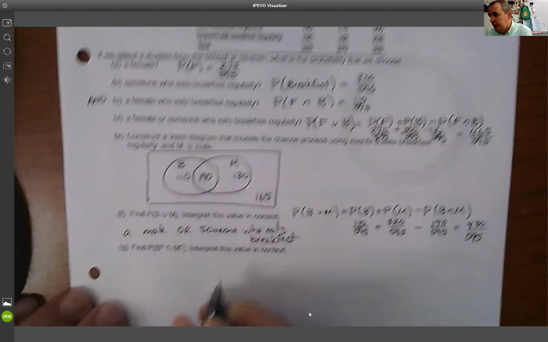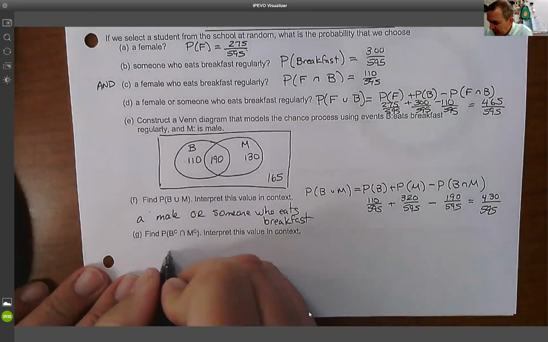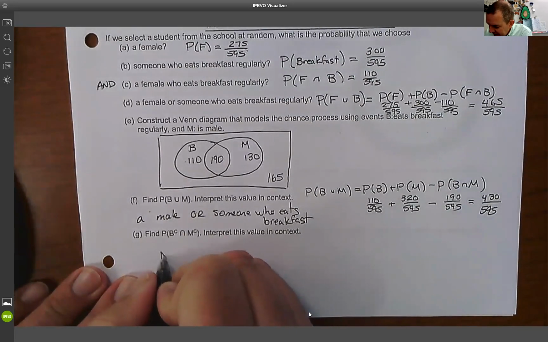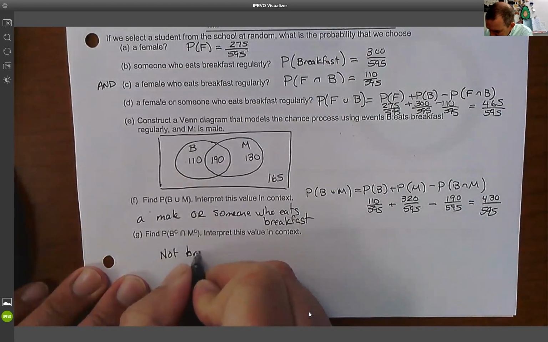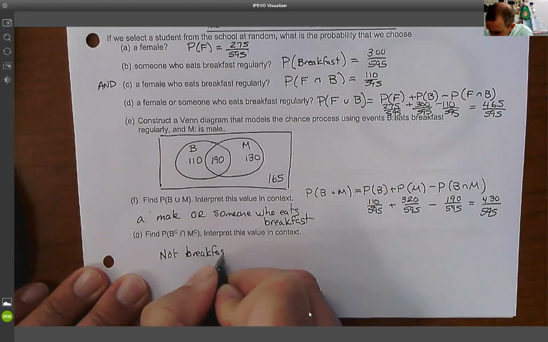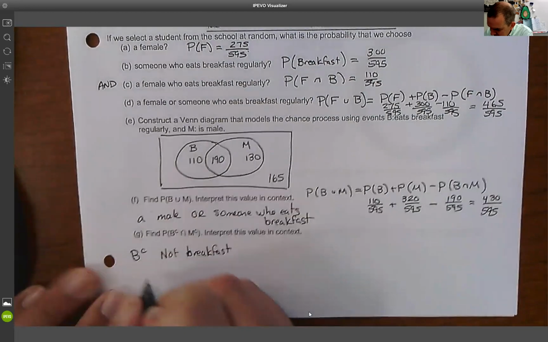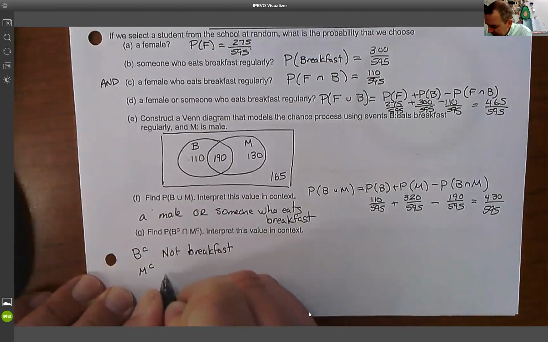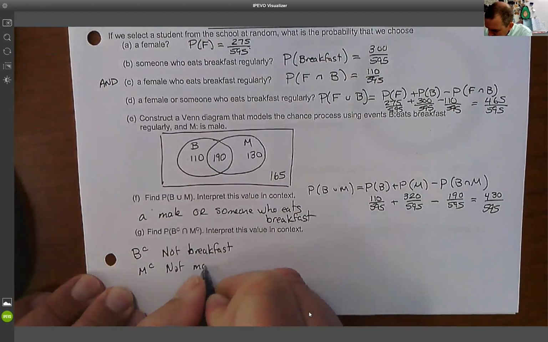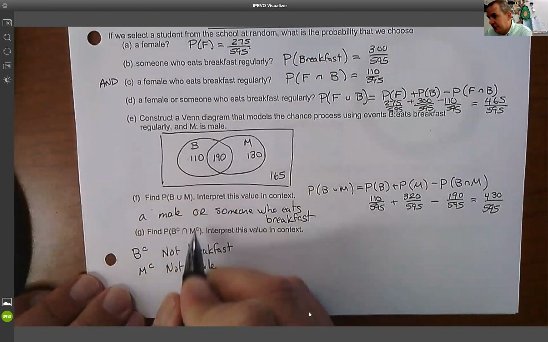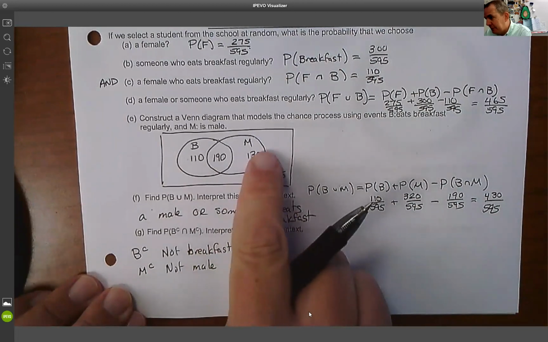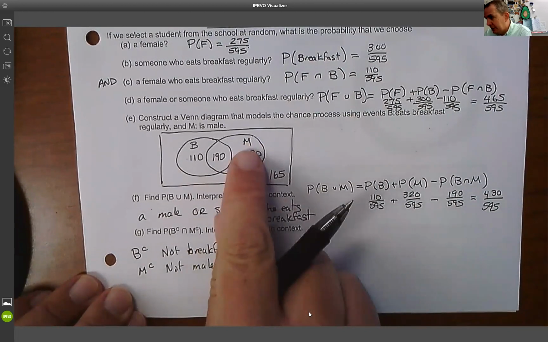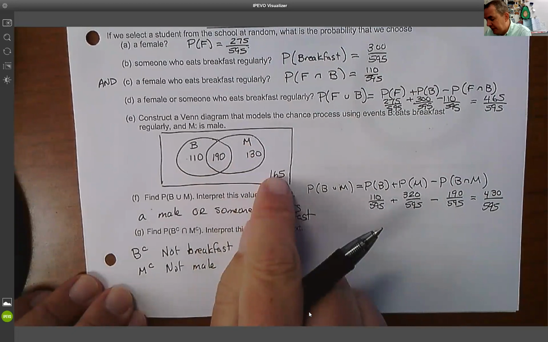Now this one is saying the probability of being not breakfast, and not male. B^C is not breakfast, M^C is not male, and it's asking for the intersection. You're not breakfast here and here, in the 130 or the 165.